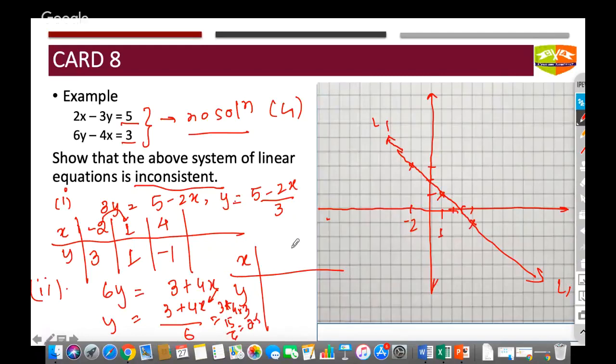So I start with x is equal to minus 3. If I put x is equal to minus 3, this will give me minus 9 by 6, which is 1.5. If I put x is equal to 3, I get 2.5.